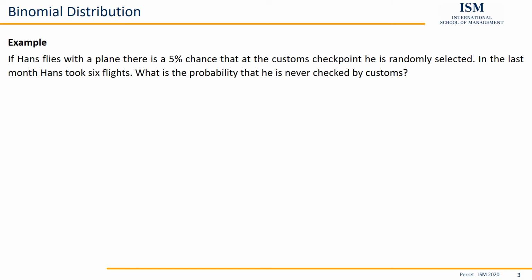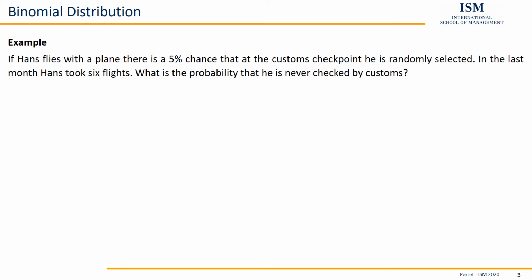First, we can note the different information this text gives us. There's this fixed probability of 5% of being selected, so our p, our probability, is 5%. We also know that we have a binomial distribution because these 5% are fixed. They don't change. That's an indicator for binomial distributions.